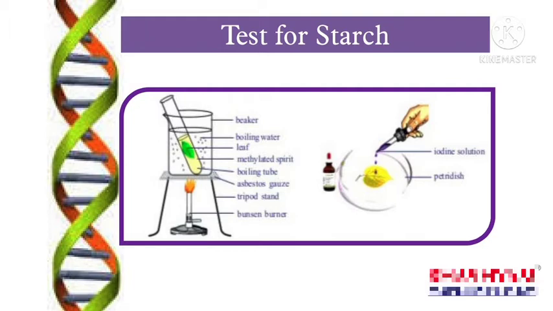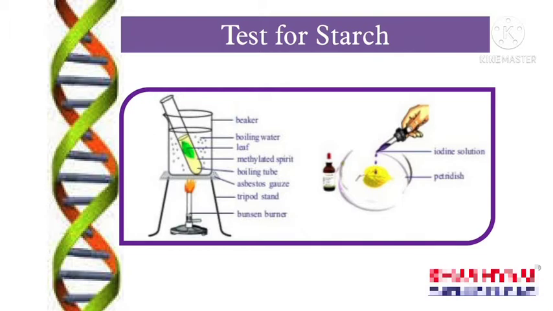When the leaf becomes colorless, slowly remove it from the glass tube and place it in a petri dish. After placing it in the petri dish, add a few drops of iodine. What is the chemical used here? Iodine.